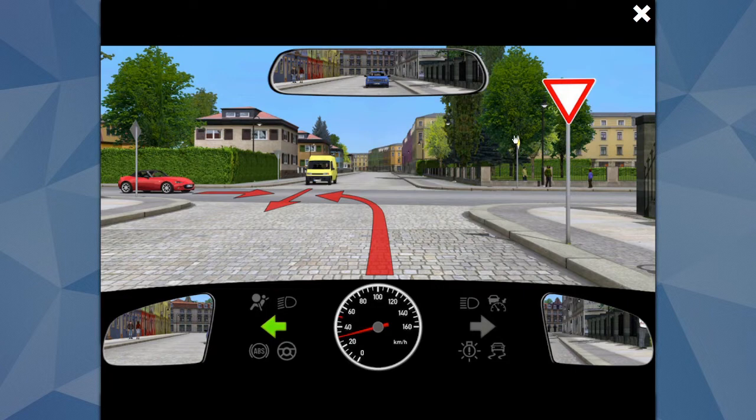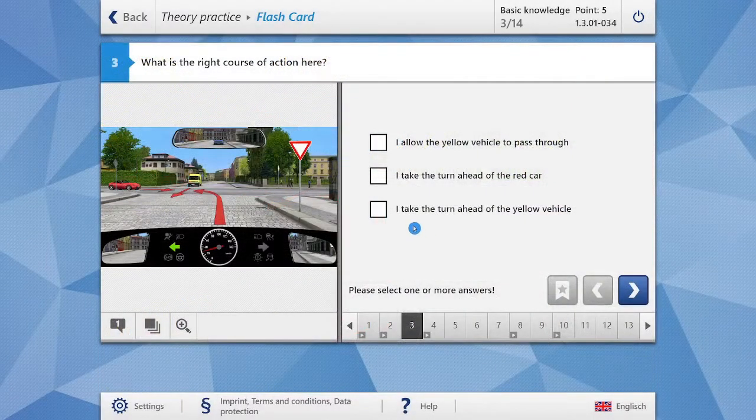You can see that the red car, with this diamond, is clearly on a priority road. So obviously the red car can move forward. Between you and the yellow car, both on the same road, because you are leaving that road, you will have to give way to the yellow van. Now let's look at the options.